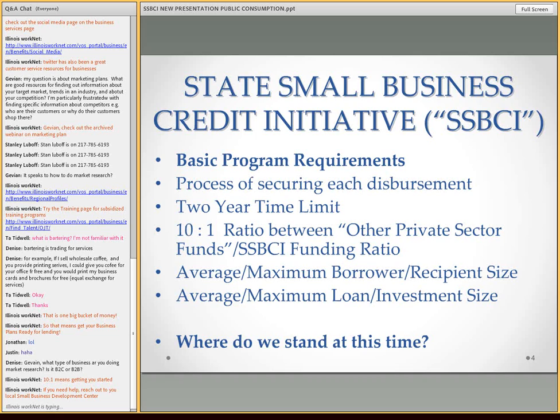Okay? In terms of the investment size, the size of the loans that we can work on under the Capital Access Program, the average has to be $5 million or less. The maximum is $5 million or less. However, under all of our other programs, although the average is $5 million or less, we can actually help a deal as much as $20 million.